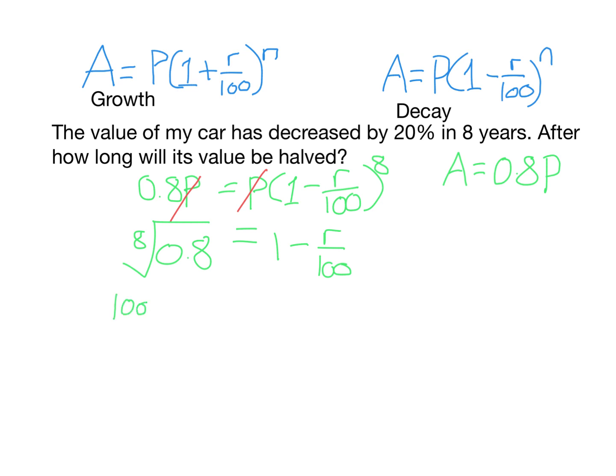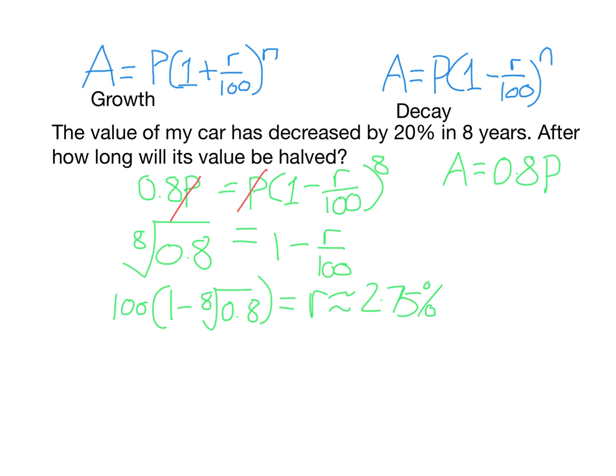Ultimately, we're going to get this, 100 times 1 minus the 8th root of 0.8. So we end up getting that R is approximately 2.75%. That means that the value of the car is decreasing by about 2.75% year on year.